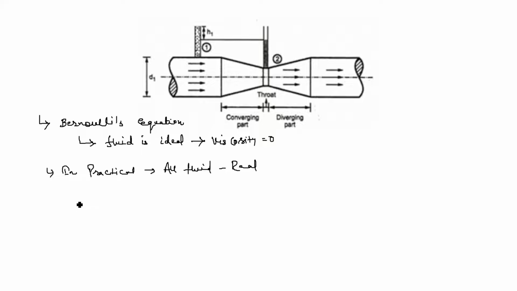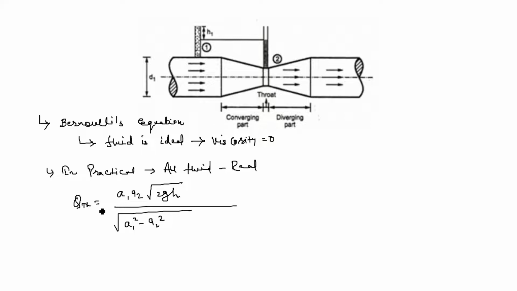As we know, the theoretical discharge which we got from this derivation is A1 A2 root over 2GH by root over A1 square minus A2 square, where A1 and A2 are the cross section areas at section 1 and 2, and H is the pressure head difference between these 2 points.